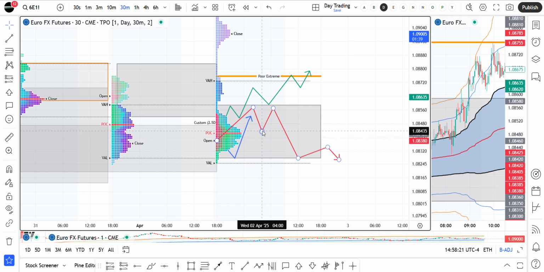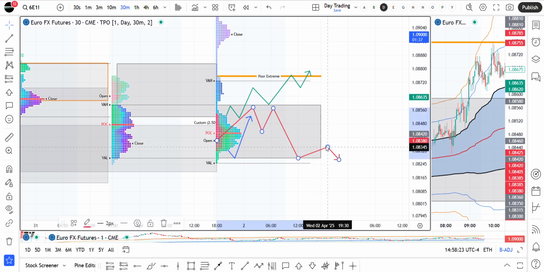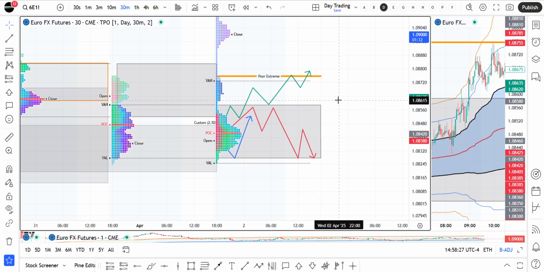So that is an issue, and I need to do more studies with market profile when you have balance and poor extreme. That's number one. I'm gonna go do more studies with that, just see how those days play out.